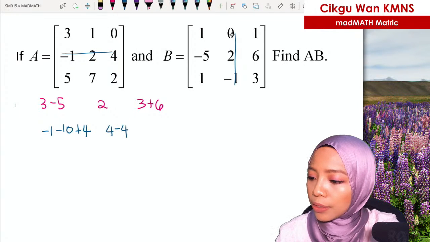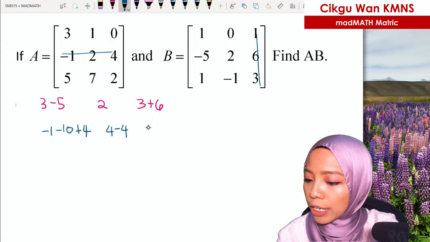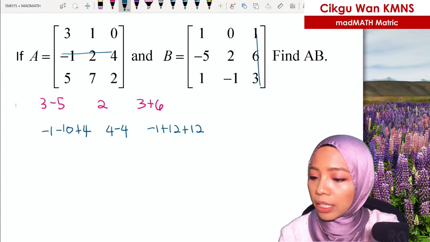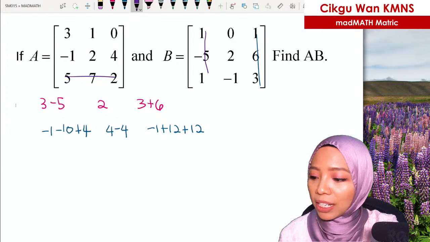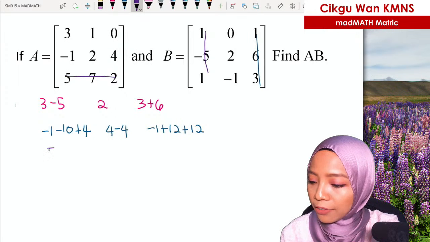And how about this one? Negative 1. Plus 12. And then the last one. 5, 7, 2. Multiply with the first column. So 5 minus 35 plus 2.